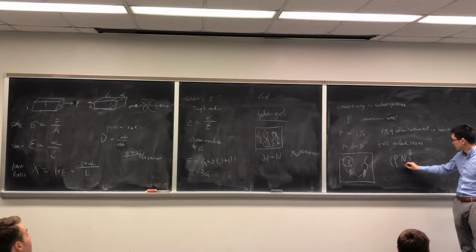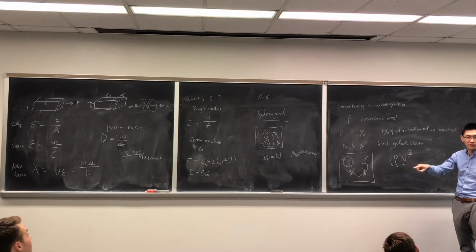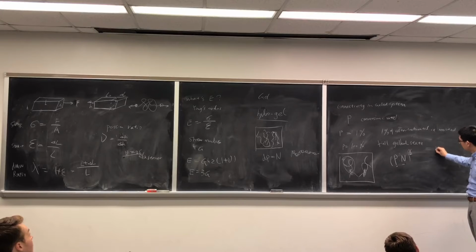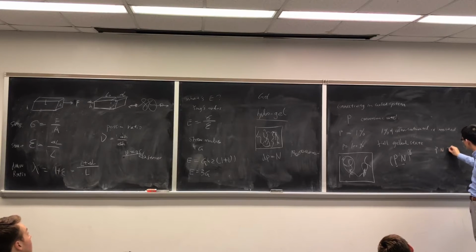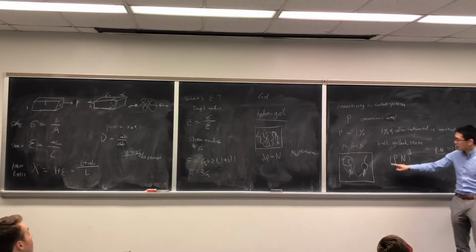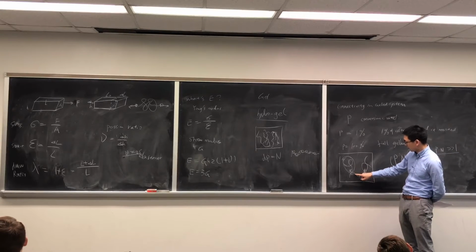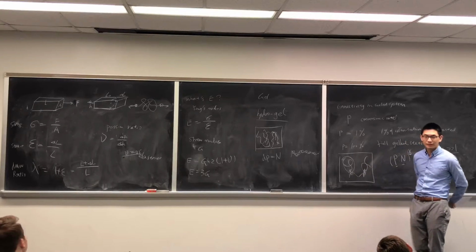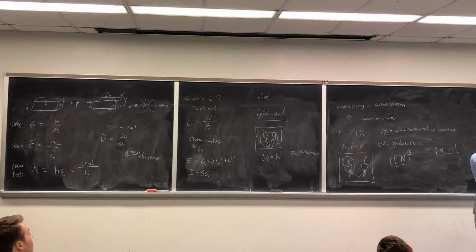N is how long your chain is. So if P multiplied by N is larger than 1, that means your system will go to infinity, or the chance you find an unsaturated bond in the neighbor chain will be much bigger. Everybody following this?